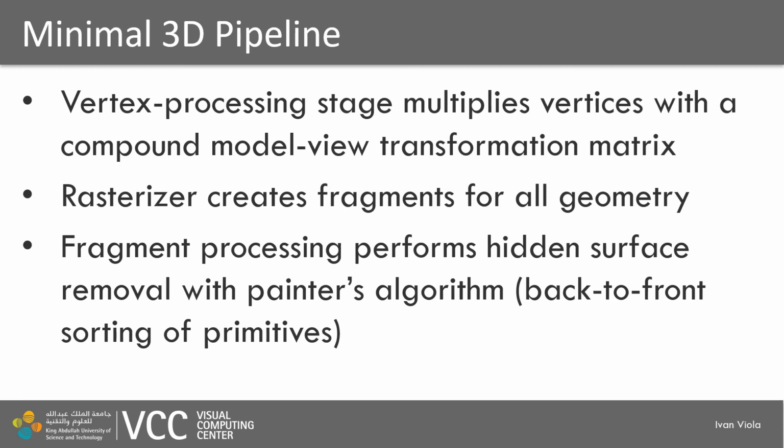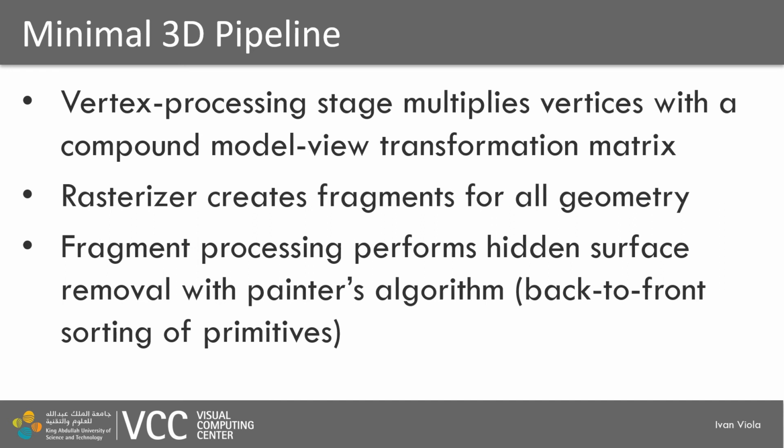After the rasterization is performed, the fragment processing can perform the hidden surface removal, meaning that the correct depth ordering should be realized. And the simplest approach to that can be done with the painter's algorithm.